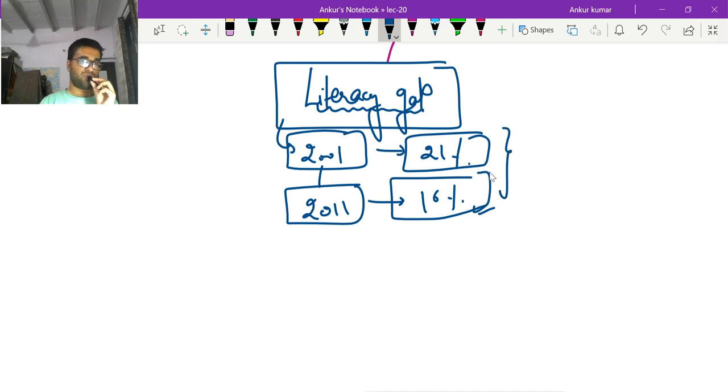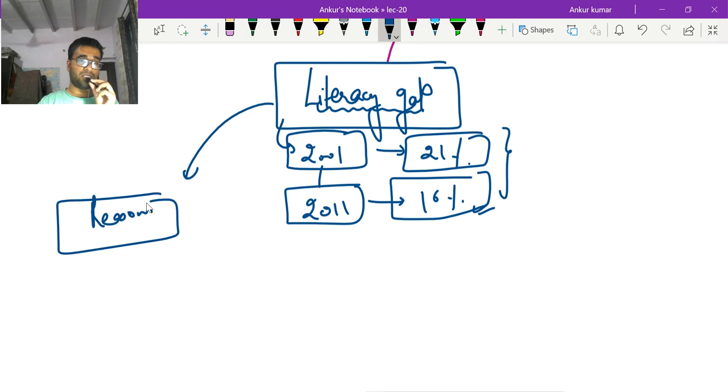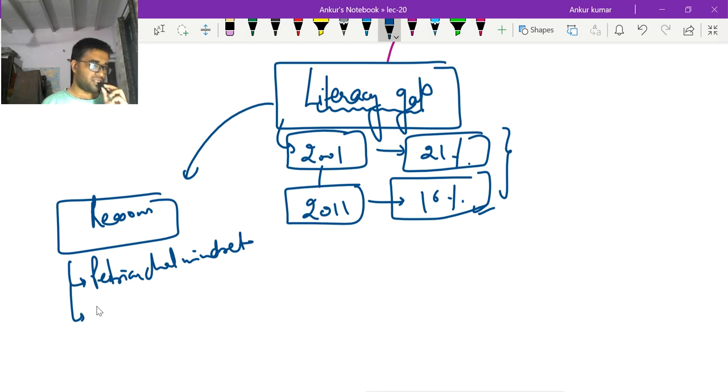So the literacy gap again varies from state to state, but there are many reasons for this literacy gap that exist in India. For example, the patriarchal mindset. Parents generally see the investment in the girls' education as a burden, the benefit of which will go somewhere else.